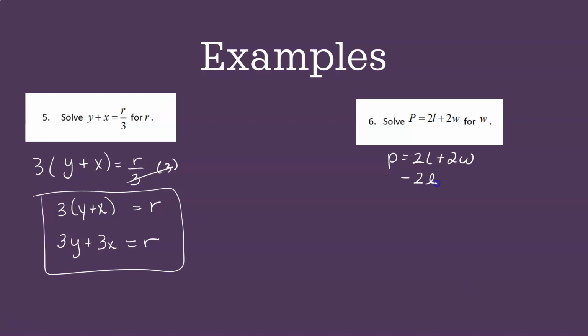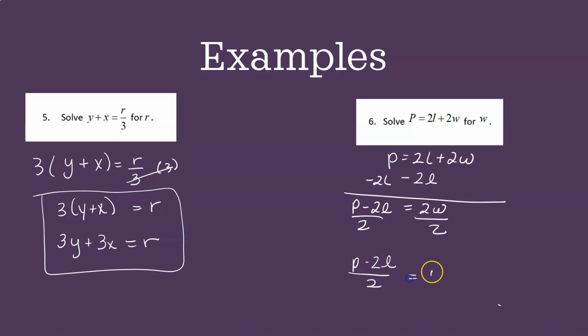I'm going to subtract 2L from both sides. So I have P minus 2L equals 2W. And now to get W, I'm going to divide everything by 2. So I have P minus 2L over 2 equals W.